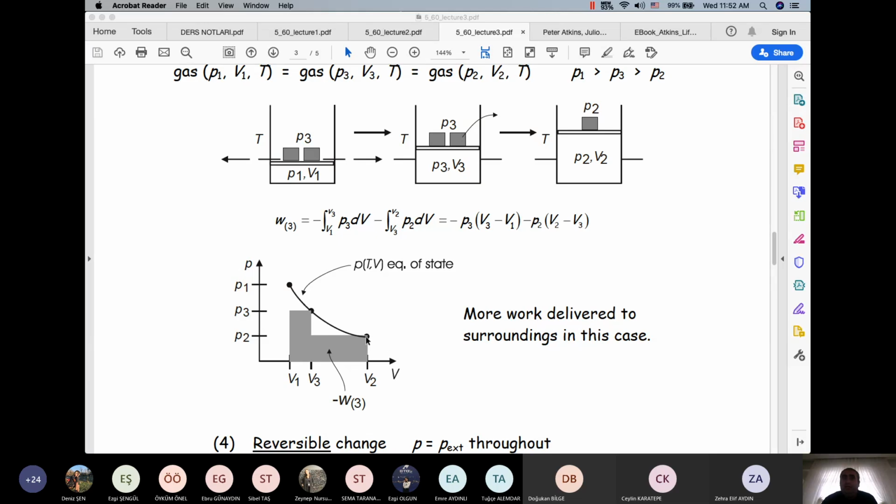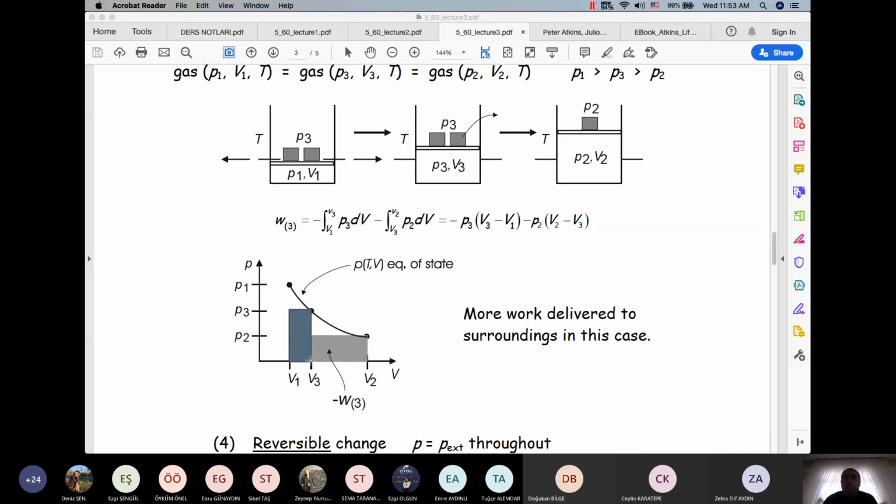Okay, in the first step, I go from P1 to P3, from here to here, but the work that I create is just the area over here, up to here. This part whole here. This is the work produced in the first part. Okay. From going P1 to P3, and V1 to V3, I produced this much work.